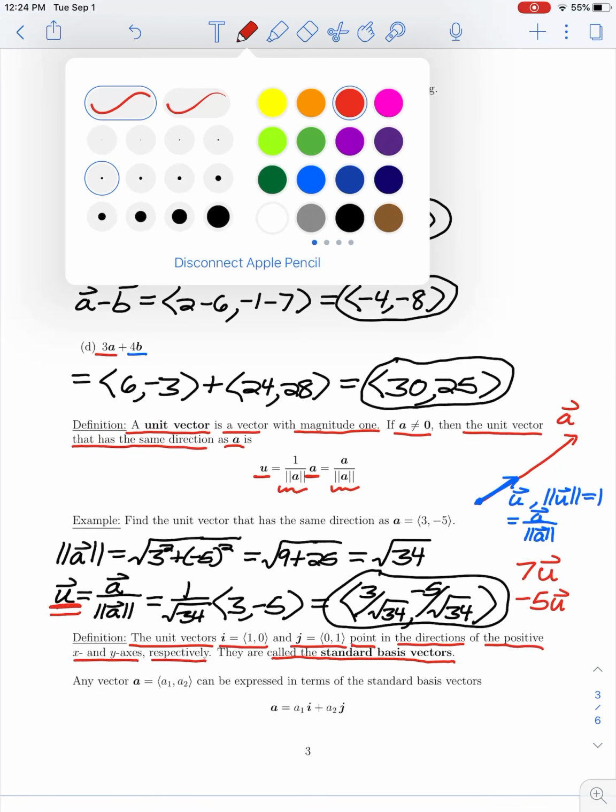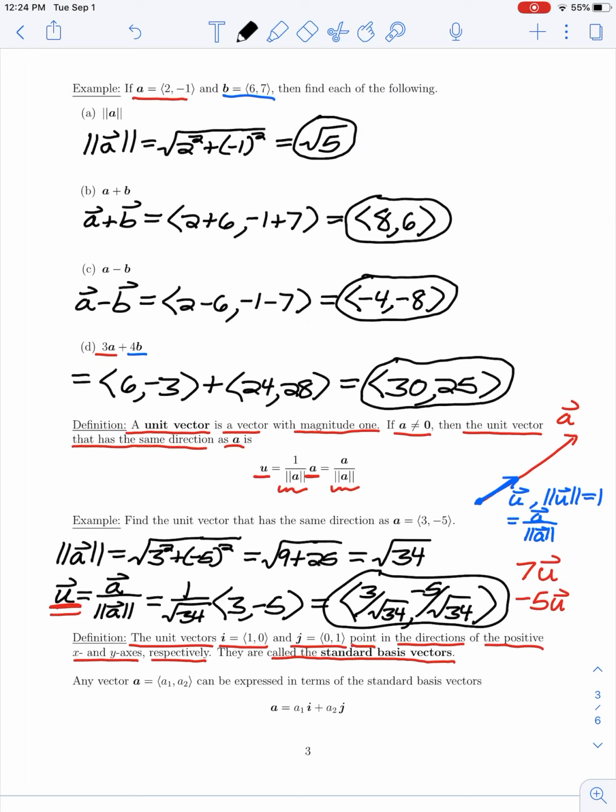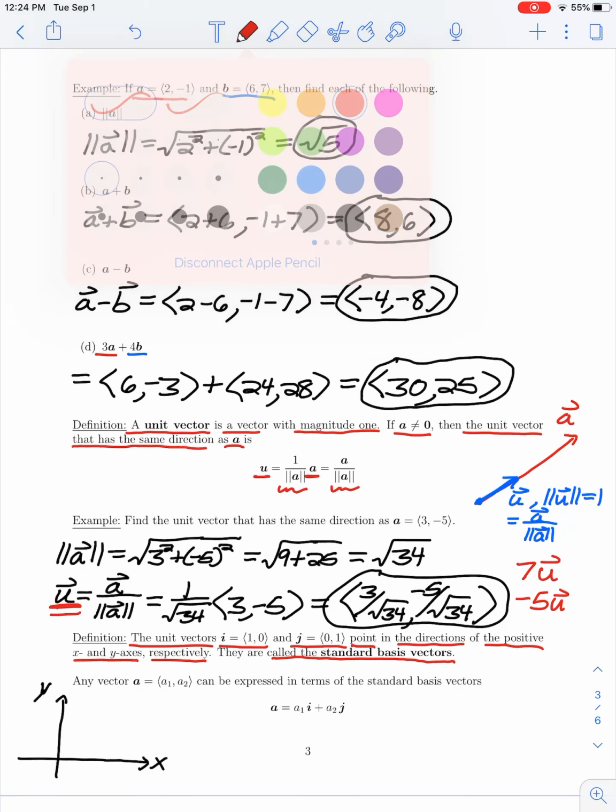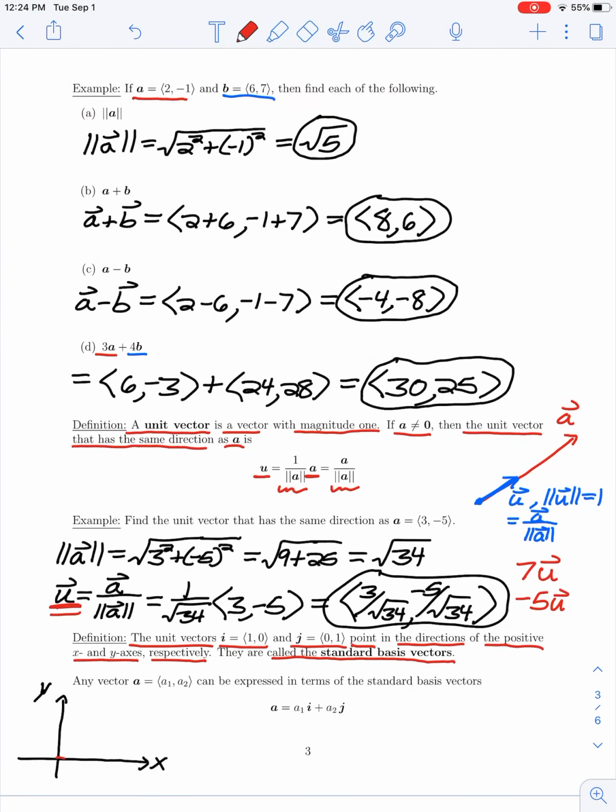So to visualize them, if we're working in the xy plane, the vector i, which was 1, 0, is the unit vector, or vector of length 1, which acts in the positive x direction.